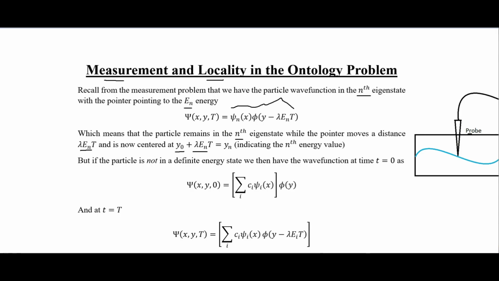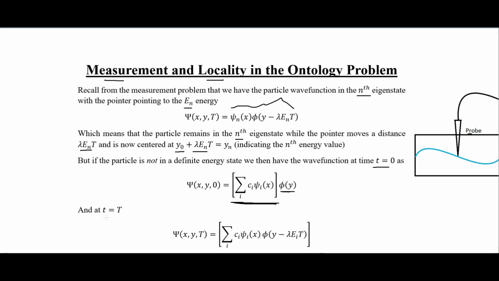But if the particle was not in a definite energy state, so it's in a superposition of energy states, then the wave function at time t equals 0 is this right here. This is the wave function, the psi. This is our pointer right here. At time t equals 0, the wave function is in this superposition.